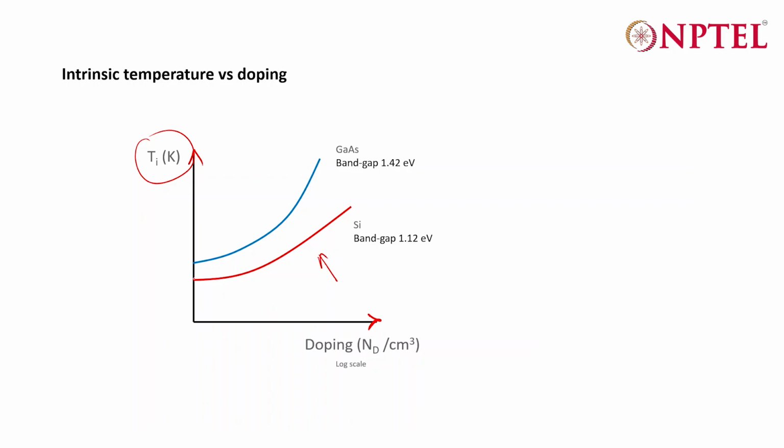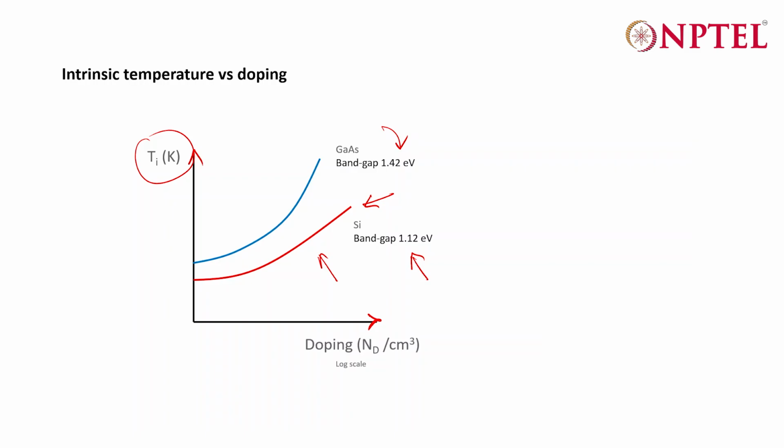Say for silicon, it is increasing like this, and for gallium arsenide you'll find that at each and every point the intrinsic temperature is higher than that of silicon, because gallium arsenide has a band gap of 1.42 electron volt and silicon has 1.12 electron volt.